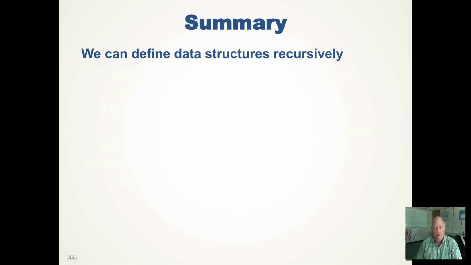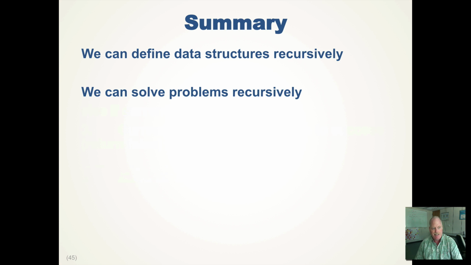It's a very nice way of thinking about data structures, and you can also implement the methods on the data structures recursively. We can solve problems recursively, like the Tower of Hanoi. The problem itself doesn't necessarily say it's a recursive problem, but the solution is by moving n-1 disks, and then the nth disk, and then the n-1 disks, so we have a recursive solution because the problem has gotten smaller.